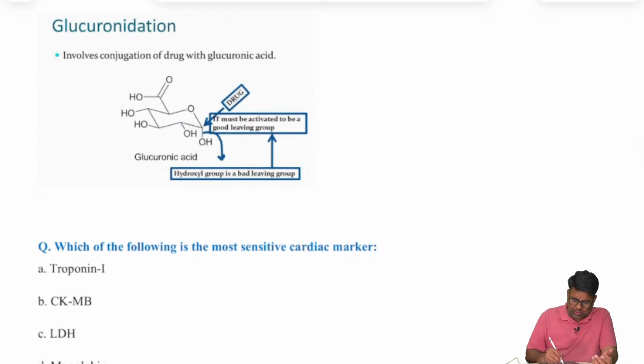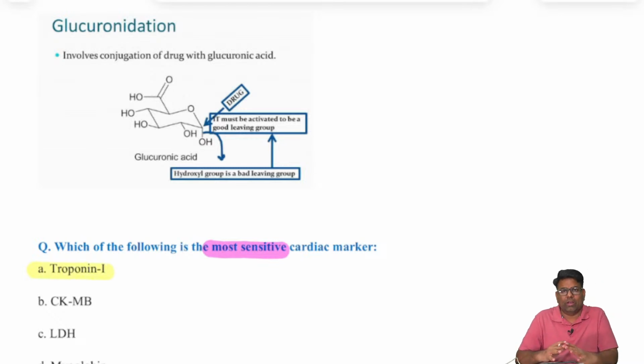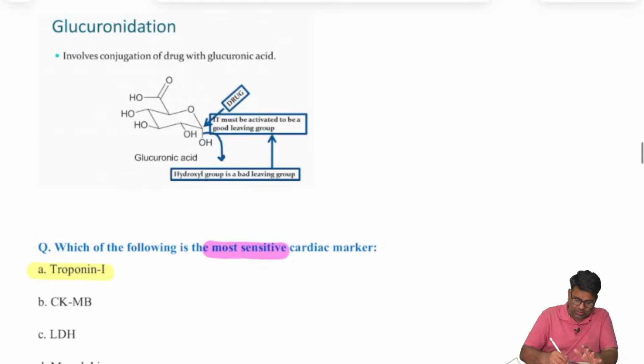The next question is about the most sensitive cardiac biomarker for myocardial infarction, and I think most of you can answer very straightforwardly that it is troponin I or troponin T. So troponins are the most sensitive biomarkers for myocardial infarction.